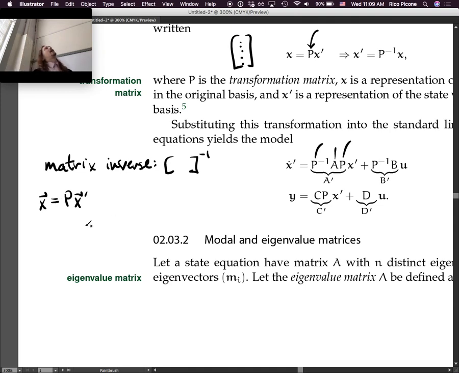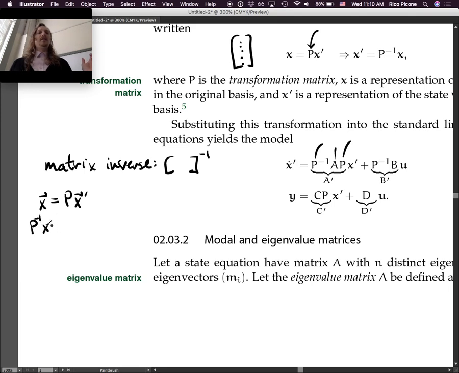And if this was a scalar equation, then if you wanted to solve for x prime, you would just take the reciprocal of P, multiply both sides, or alternatively, divide both sides by P, right, to solve for x prime. But we can't do that when P is a matrix. We have to instead left multiply, because the order of multiplication in matrix multiplication matters, right? Left multiply by P inverse on both sides.